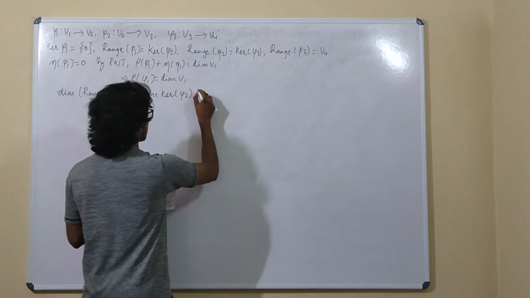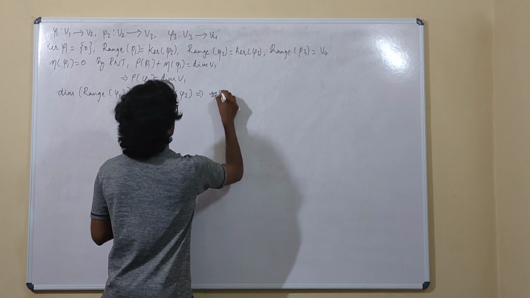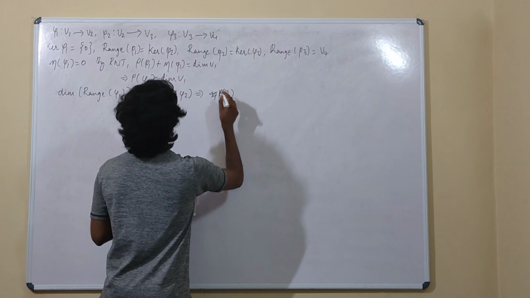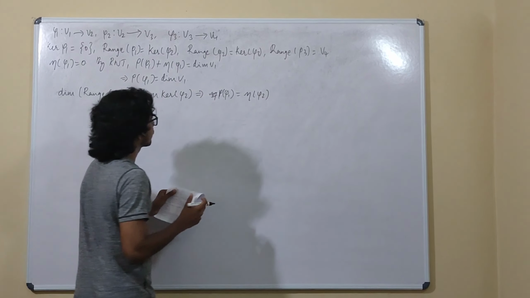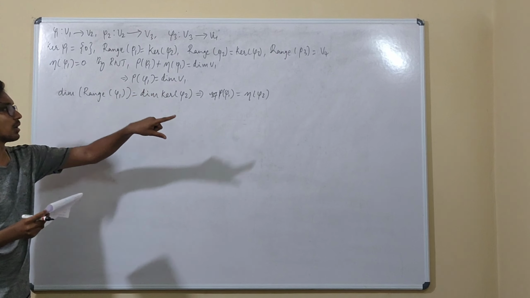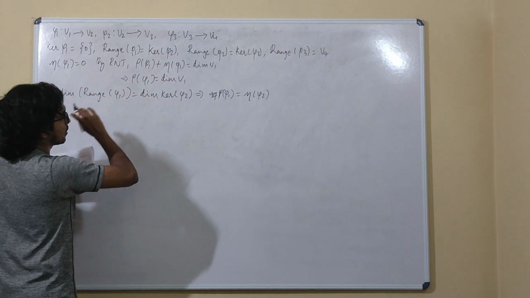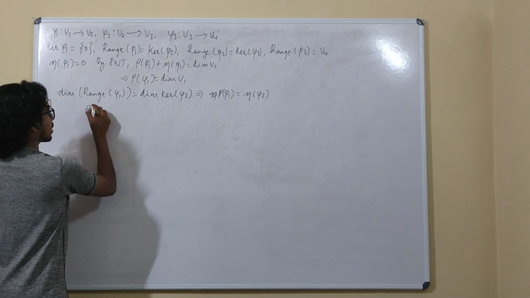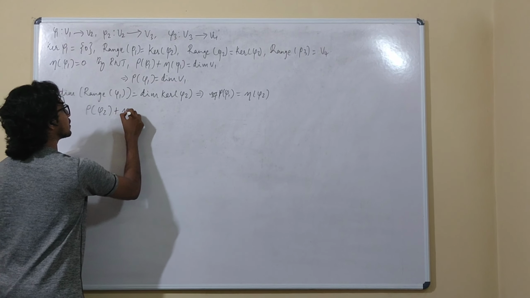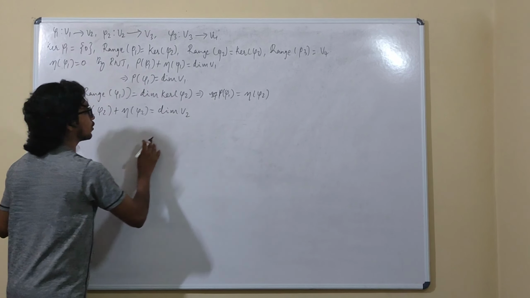So this is nothing but the rank of phi1, which is the nullity of phi2. The rank of phi1 and the nullity of phi2 are the same. And by the rank-nullity theorem, what do we have? Rank of phi2 plus nullity of phi2 is the dimension of V2.